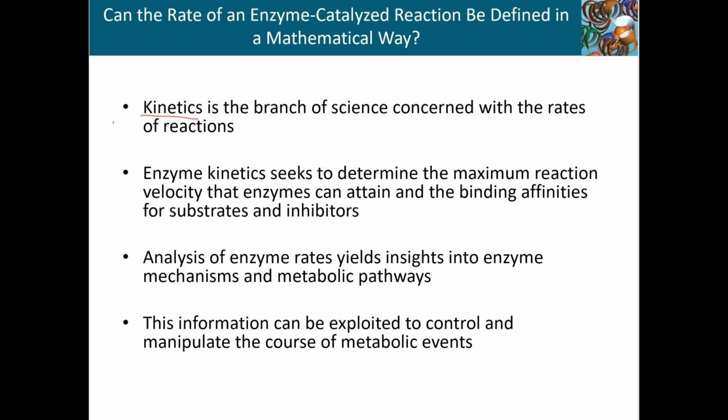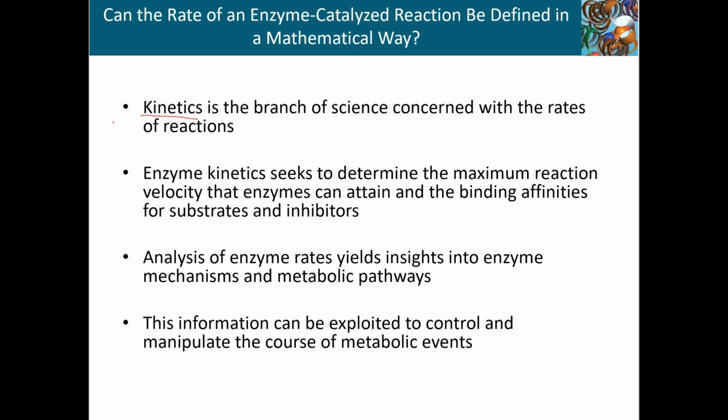So enzyme kinetics, the goal of it is to determine the maximum reaction velocity an enzyme can attain and the binding affinities for substrates and inhibitors. That's really it. How fast can this reaction go, and how well does the enzyme interact with the substrate or various inhibitors as part of reaching this maximum velocity.